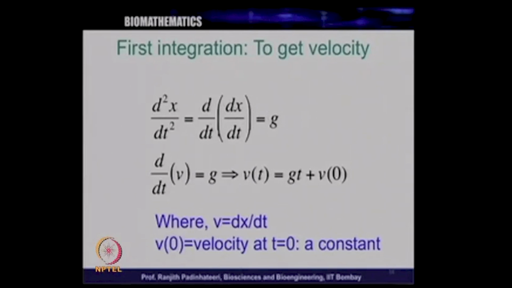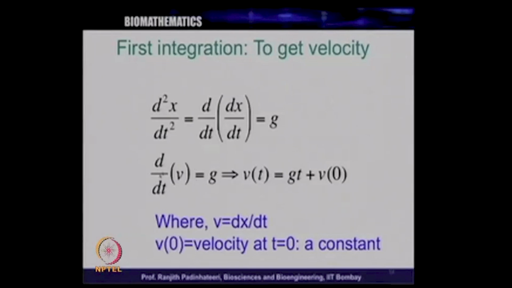Now, dx by dt, change in position by change in time, is nothing but velocity v. So v is dx by dt, and the equation becomes dv by dt equal to g.